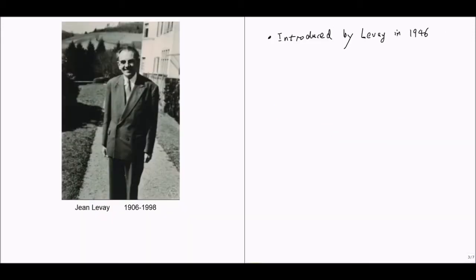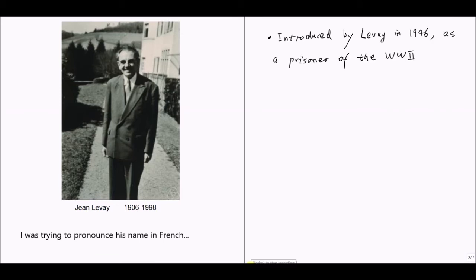The spectral sequence was introduced by French mathematician Jean Leray in 1946 as a prisoner of the Second World War. When he was in the war camp, he studied topology.